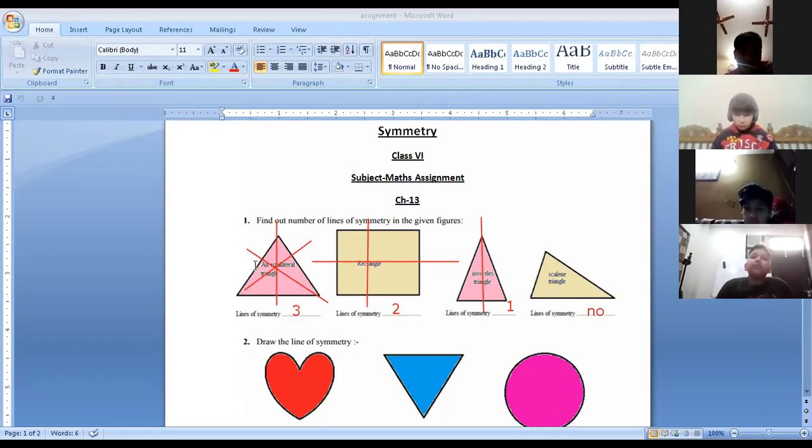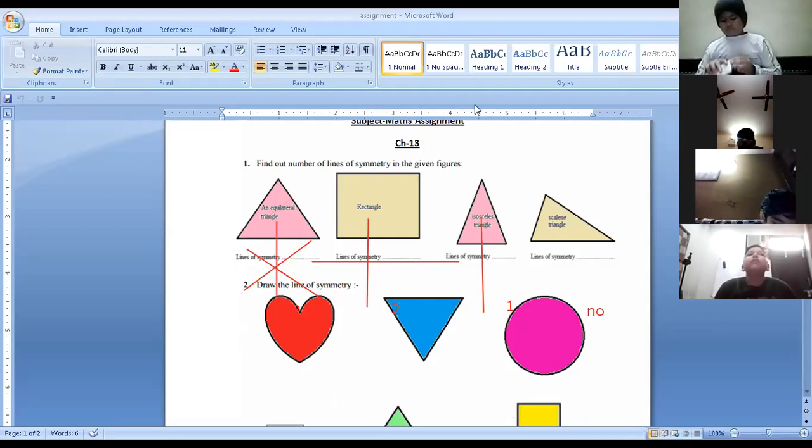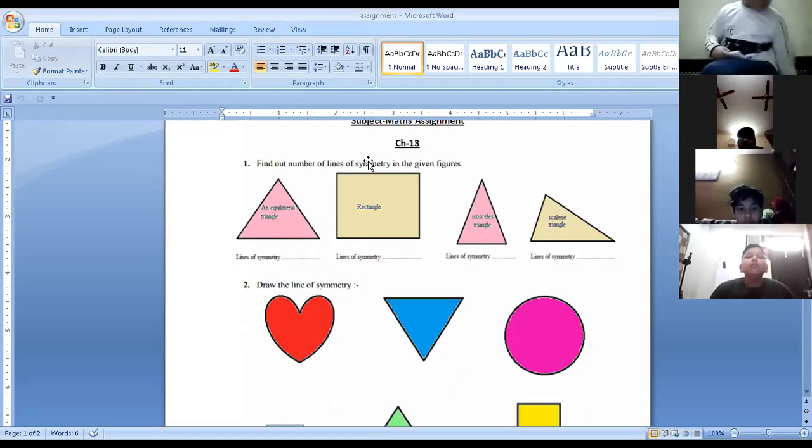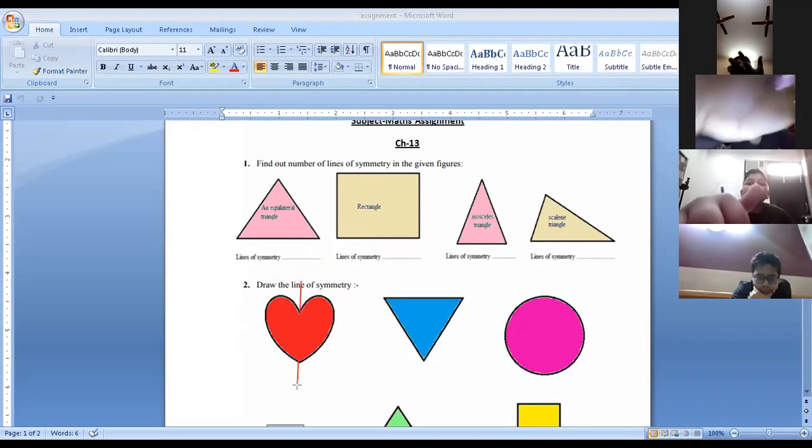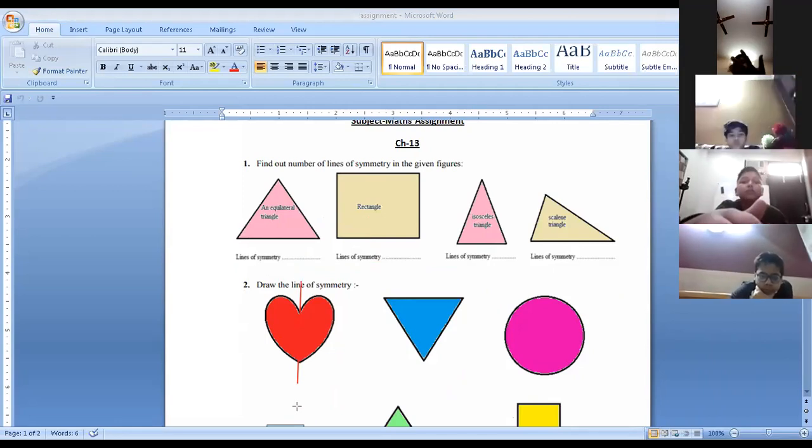Okay. Now in the second question, you have to draw lines of symmetry. In this figure, there is only one line of symmetry, so you can draw a line of symmetry like this.